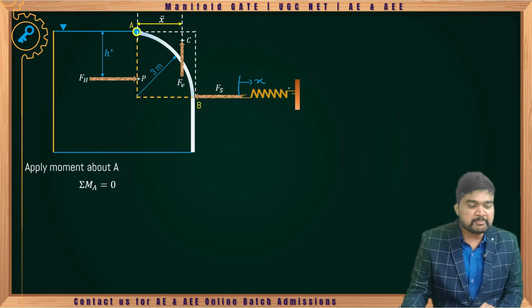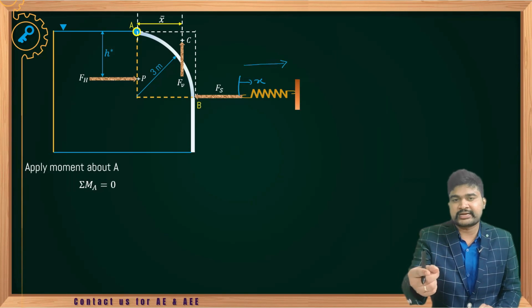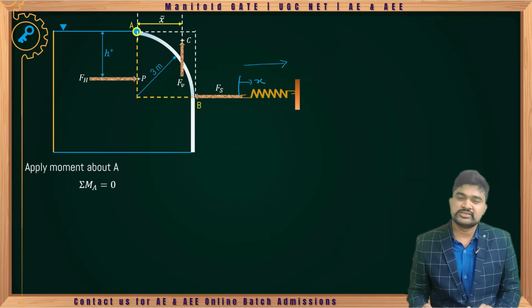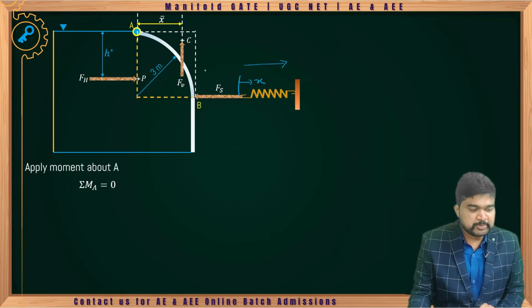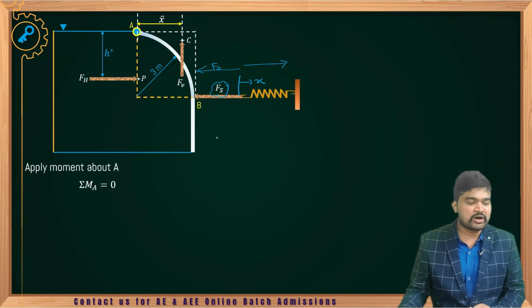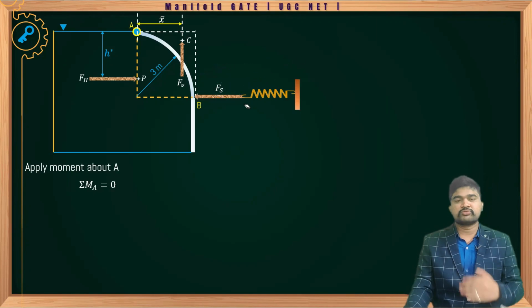Correct? So compression in this particular direction, then spring force will be acting opposite to the direction of deformation in the spring. That is why spring force will be acting in this particular direction. So that is the direction of spring force. Now we have drawn the free body diagram for the curved gate, curved surface.